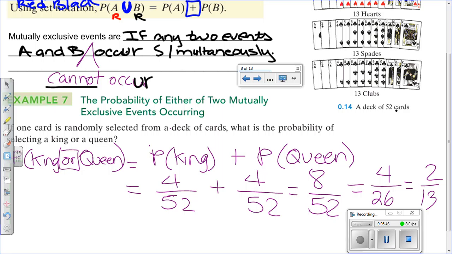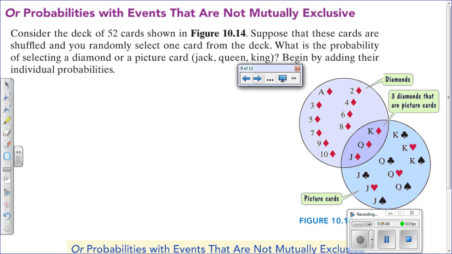Let's go to the next slide. And now here we're going to do the same thing. Oh, look, here there's a Venn diagram of what I was trying to show you earlier. So the question says, consider the deck of 52 cards shown in that figure. Suppose that these cards are shuffled and you randomly select one card from the deck.